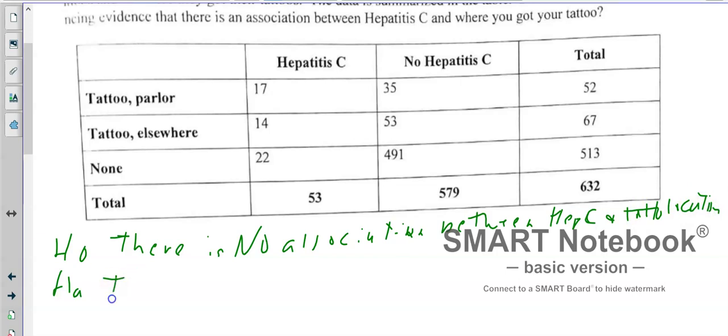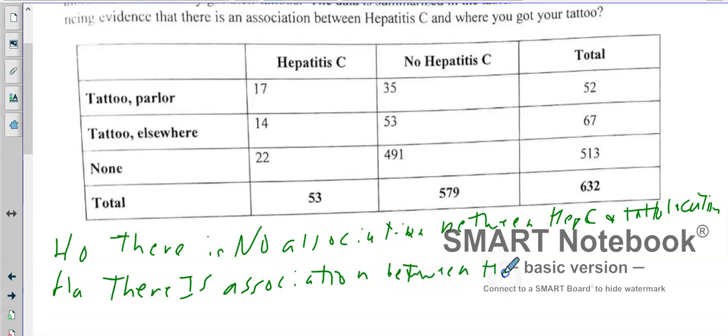And then for the Ha, we say there is an association between Hep C and tattoo location.